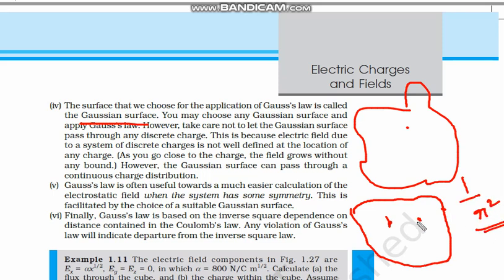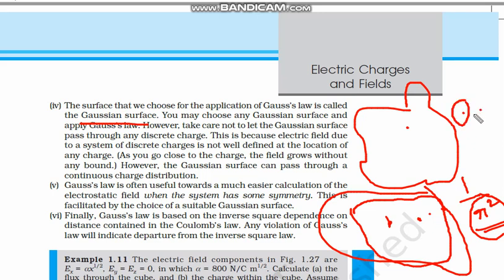As r is 0, the field would be infinity, and there is a problem. So always take a Gaussian surface so that charges are either enclosed, or some charges are outside and some inside. Never take any discrete charge on the Gaussian surface.